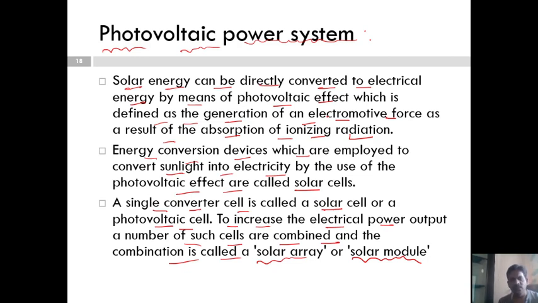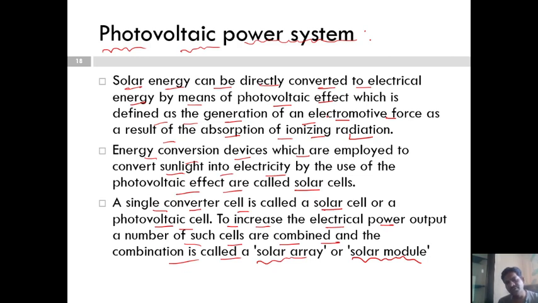I hope you understand this subject, non-conventional energy sources. It is a very easy and very important subject from today's point of view, because today there is a lack of electricity produced from fuel, as fuel is not abundantly available for thermal power plants. The electricity generated from fuel is also very harmful to our earth.